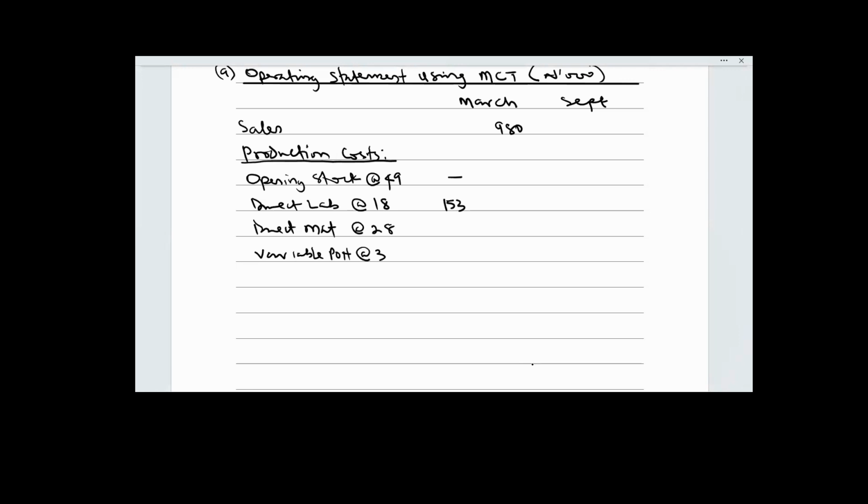What do you get? 238,000, so 238. Then 3 naira multiplied by 8,500 gives 25,500, so 25.5. So add everything together. What do you get?